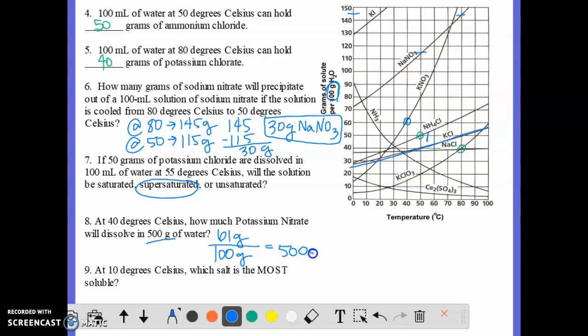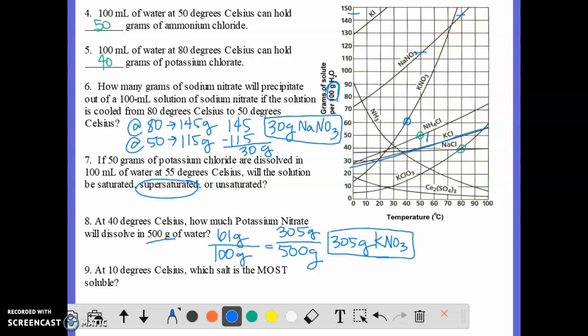At 500 grams, how much would that be? So let's punch it into our calculator. We've got 61 times 500 divided by 100 gives us 305 grams. So 305 grams is going to dissolve of potassium nitrate at that temperature and that mass amount of water.